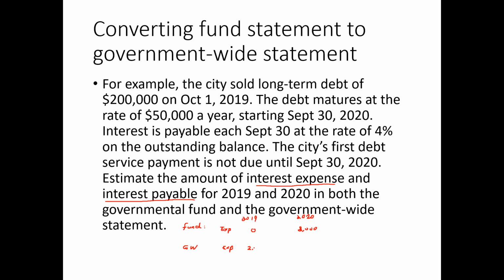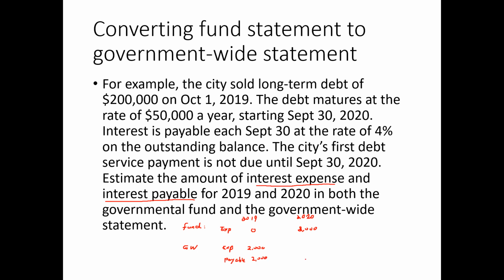So we debit interest expense $2,000 and credit interest payable $2,000. So the payable will be $2,000.